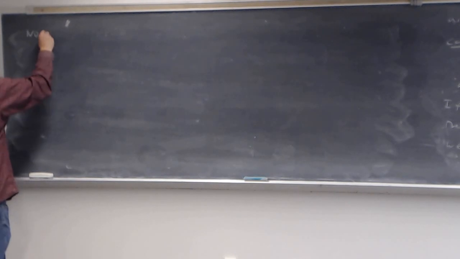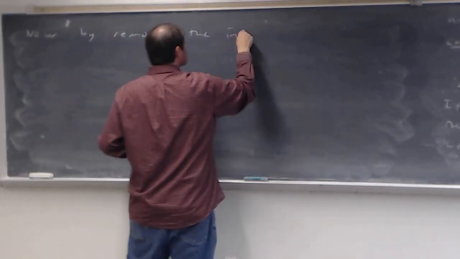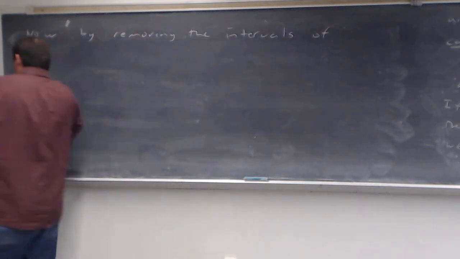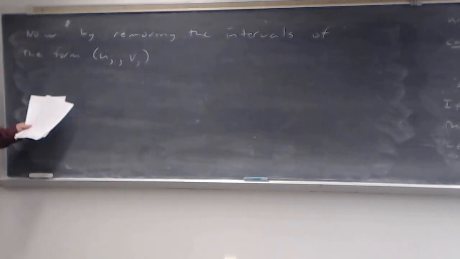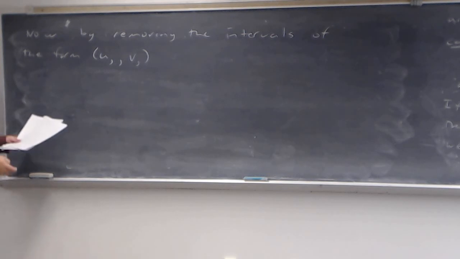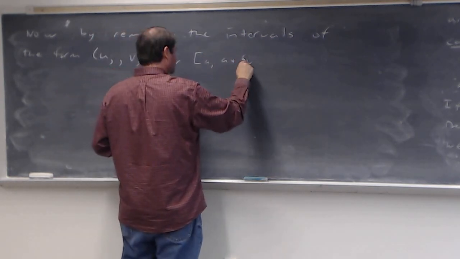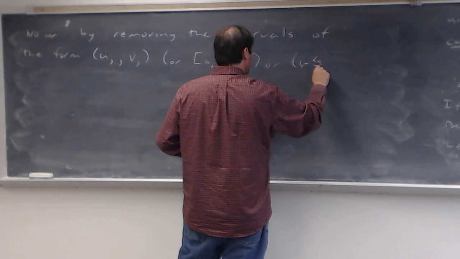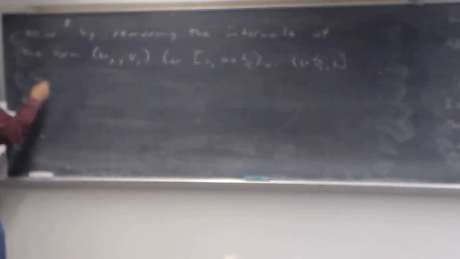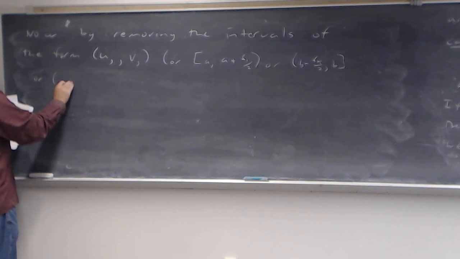Now, by removing the intervals of the form u sub j comma v sub j, these are open intervals, or we have certain cases where we have a plus delta sub 1 over 2, or we could have the form b minus delta sub k over 2 to b, or the last case was we had both types.